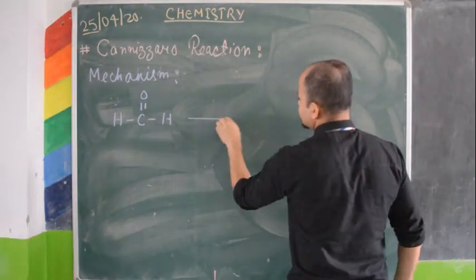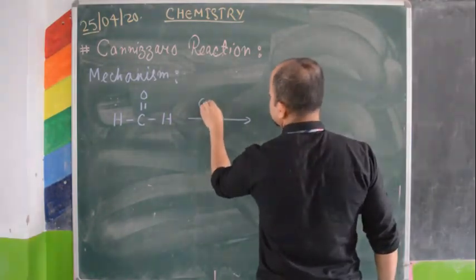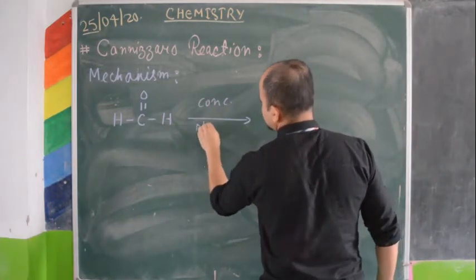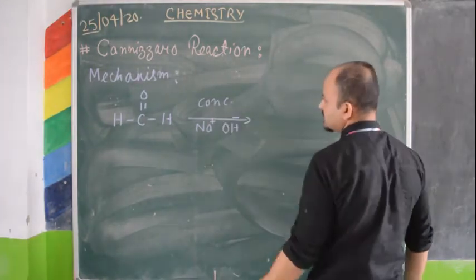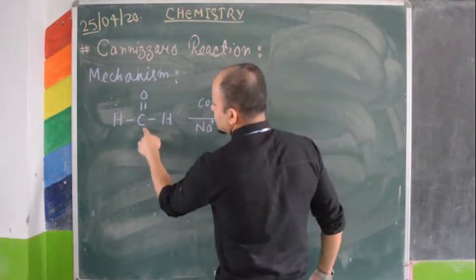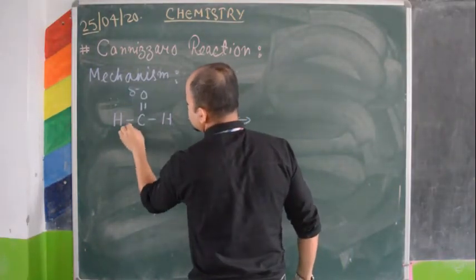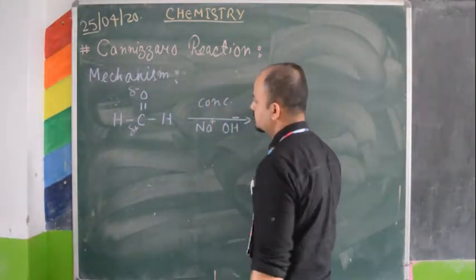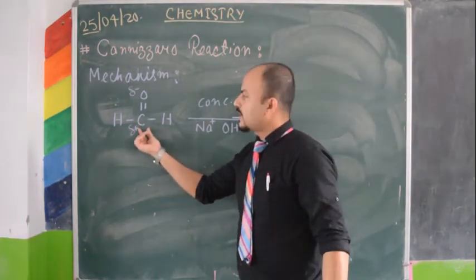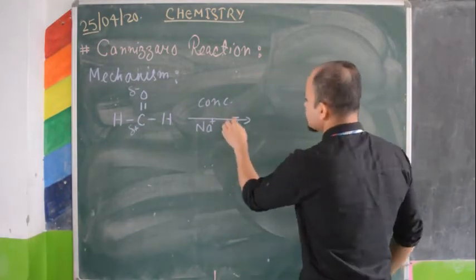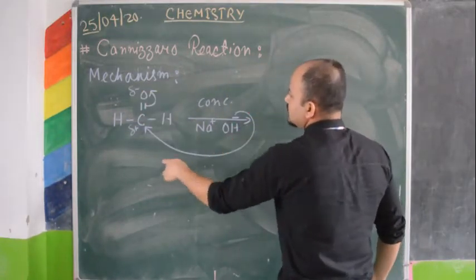Whenever it reacts in presence of concentrated NaOH, NaOH will be dissociating as Na plus and OH minus. Now this carbon is less electronegative compared to oxygen, therefore oxygen is delta negative and this carbon is delta positive. Now this negative will be attracted towards this carbon center, and hence we have bond formation taking place between oxygen and this carbon.